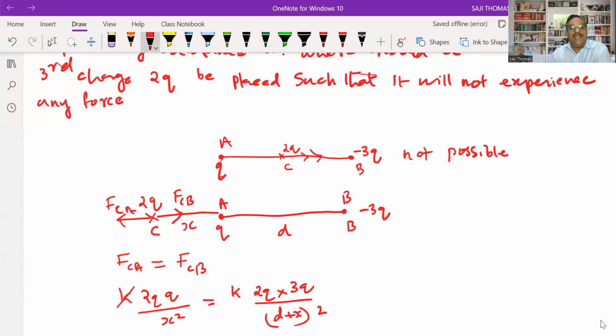You can cancel K, Q, Q. Rearranging, you get (d plus x) square divided by x square is equal to 3, as the 2s cancel.